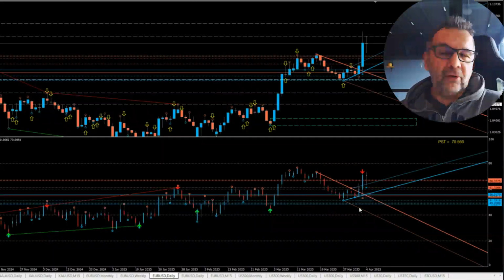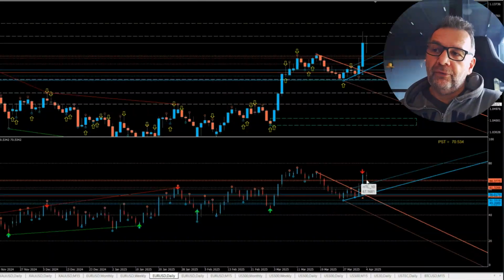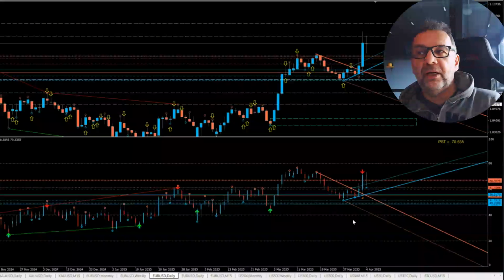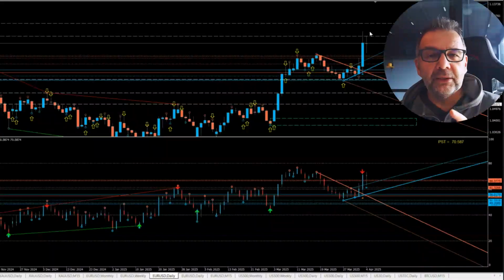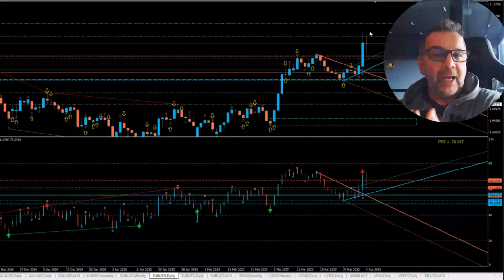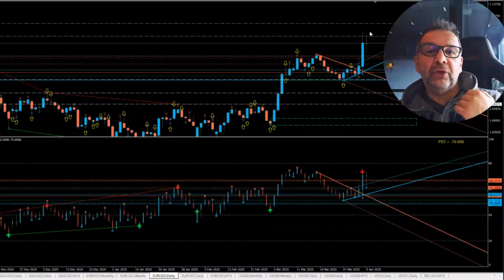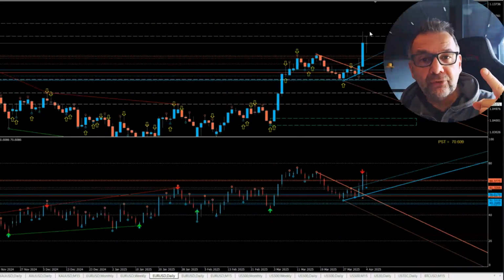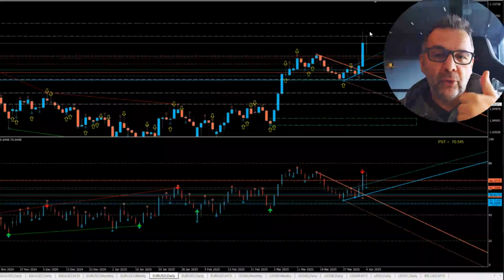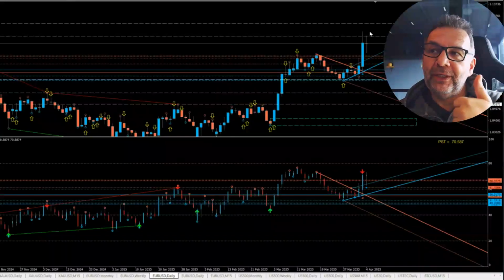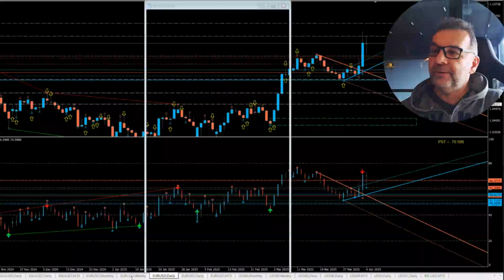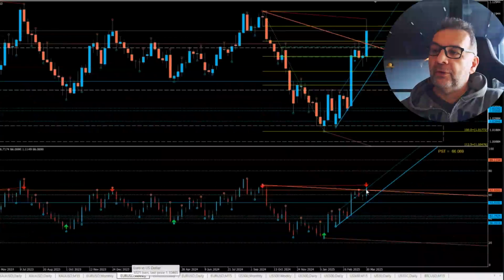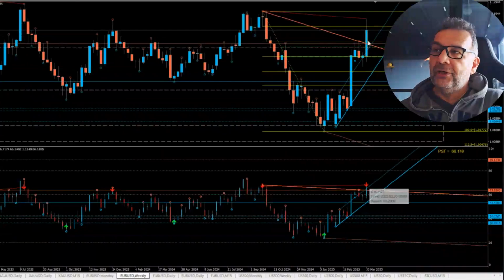Once it breaks out, obviously, you got to go for the targeting to the other side. And then Friday is a swing day, which is today. What does that tell you? Well, if we broke out on a Wednesday, we should be going up into Friday. So I already know the bias. I already know targets, because I've got my red lines here. Plus, on the weekly, I got the blue line up there. So I know where we're going.